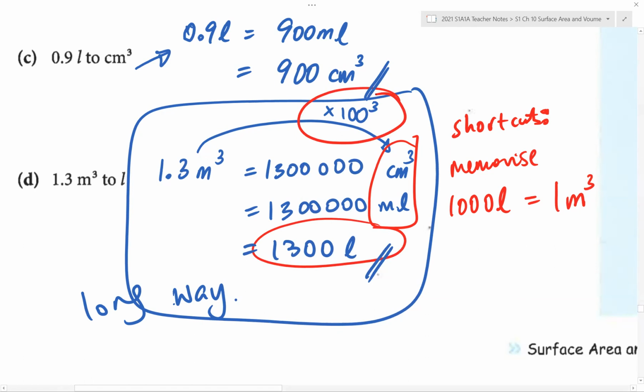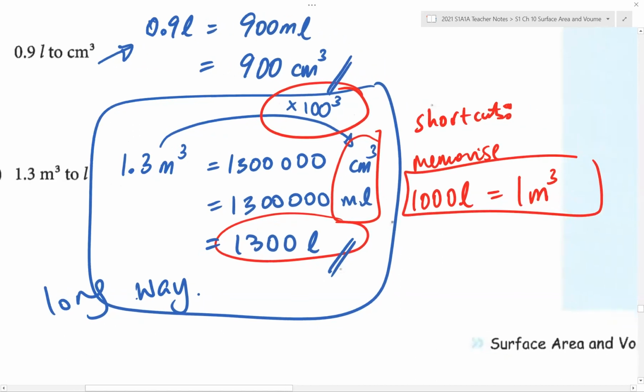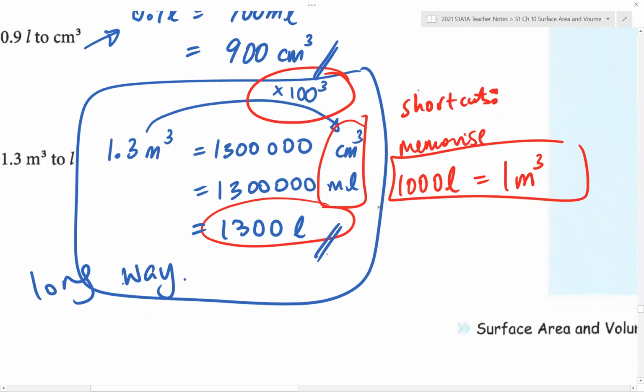However, if you don't want to go through the long way, you prefer to just memorize because you know your memory is very good, you can memorize all the formulas. You have no problem converting mm to cm, or km to meter, for example. Then in red color, you memorize 1,000 liters equals 1 cubic meter, and your answer is just one step. Let me show you.